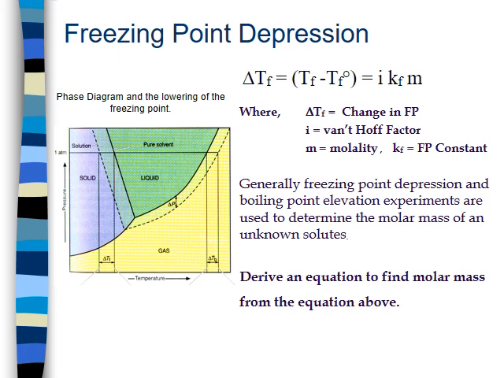You want to note that molality is moles of solute, so n subscript solute, divided by kilograms of solvent, so kilograms subscript solvent. Then you can take your moles of solute and change that into mass of solute divided by molar mass of solute.